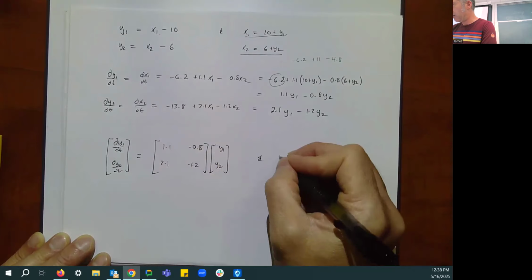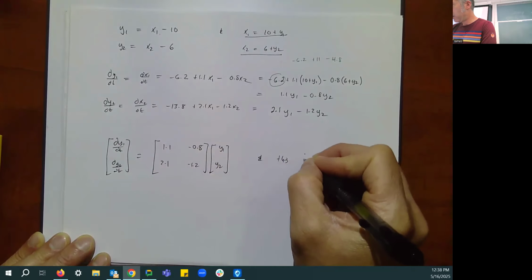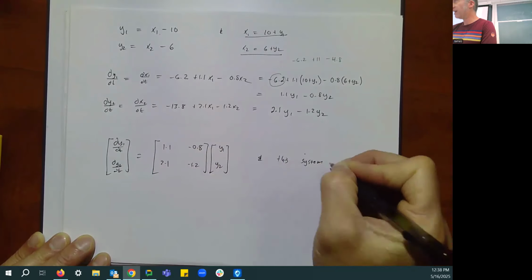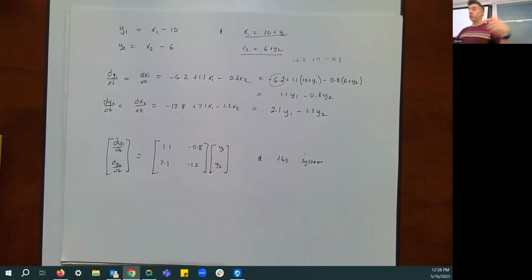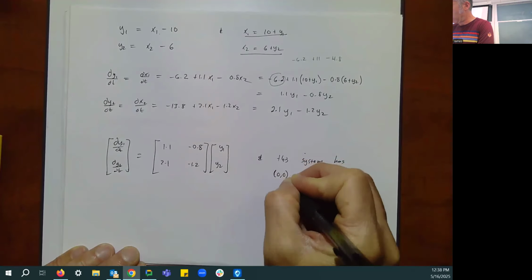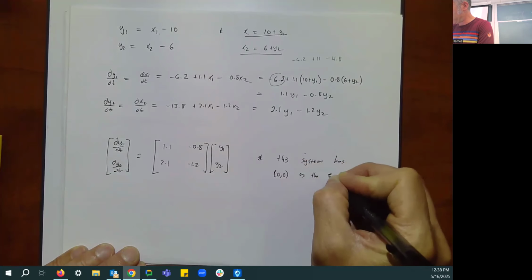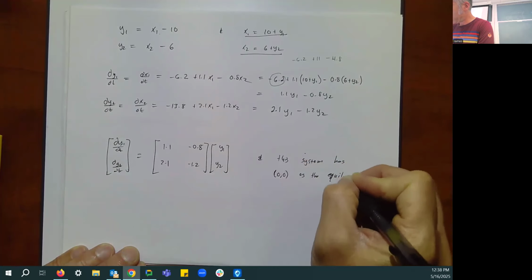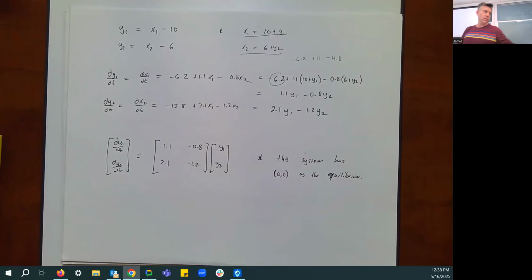This system has just shifted the equilibrium over to the origin, so 0, 0 is the equilibrium. If we're trying to talk about the trajectory of our equilibrium, it's still just looking at the matrix, which is the same matrix we already looked at.